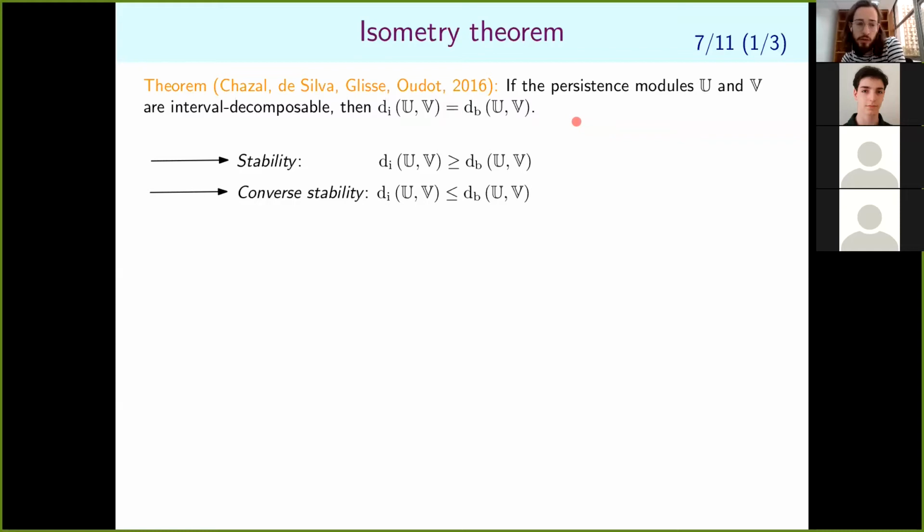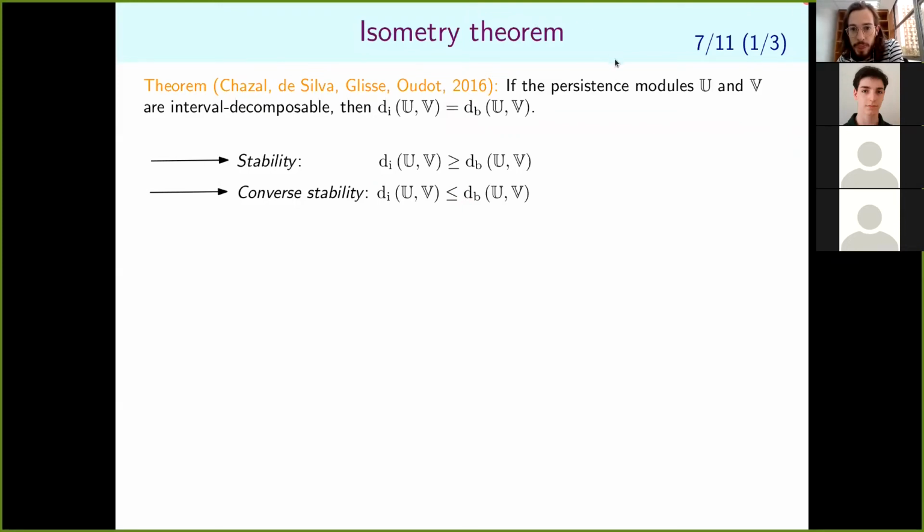And so this is really the algebra behind. It decomposes in two parts: the stability part, which says that the interleaving distance is not lower than the bottleneck distance, and the converse stability that says that the interleaving distance is not greater than the bottleneck distance. Okay.